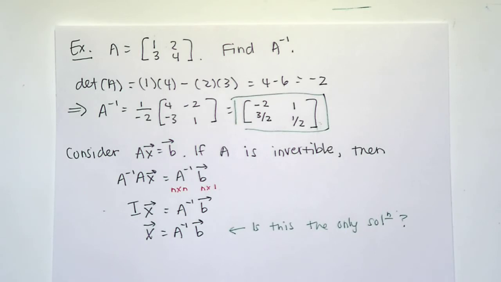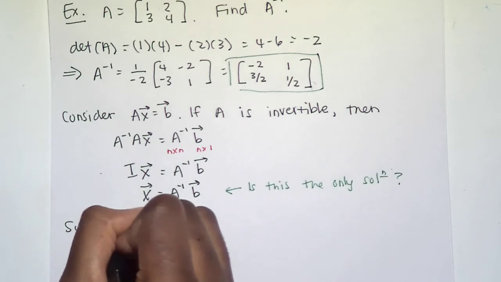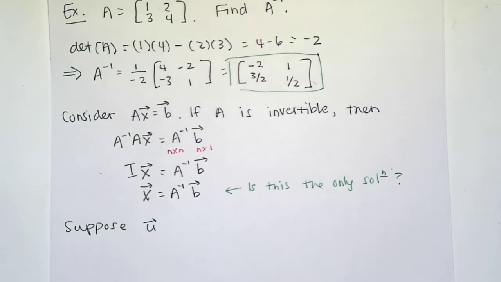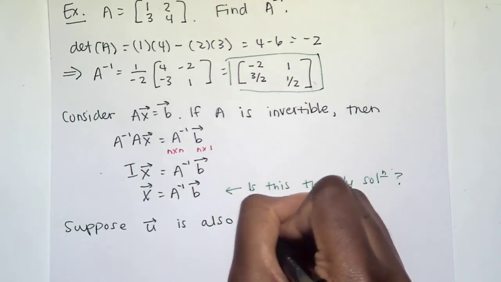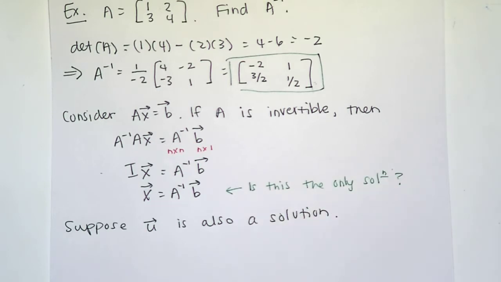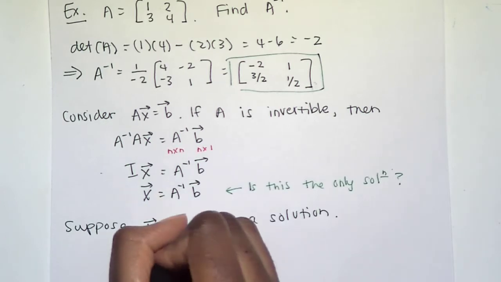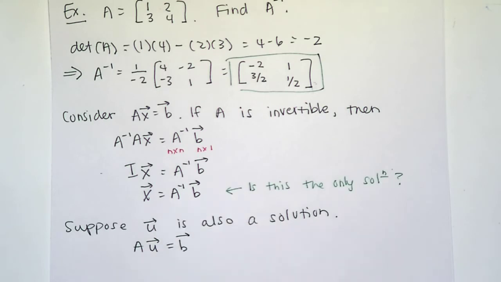Let's find out. All right, so we're not sure, is this the only solution? Maybe there's more. Let's suppose there is another solution and see how it could be different or similar to the one we already found. So we are going to suppose that U is also a solution. All right. Well, if U is also a solution, what does that mean? That means that A times U equals B, right?